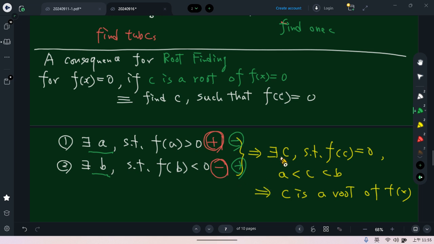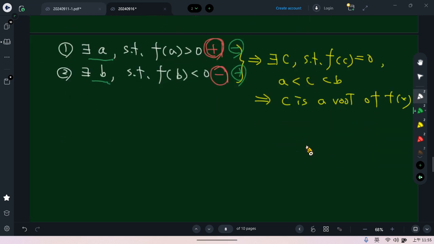So let me give you an example. Because this part is quite easy, I was going to skip the example, but right now I'd like to show you one.